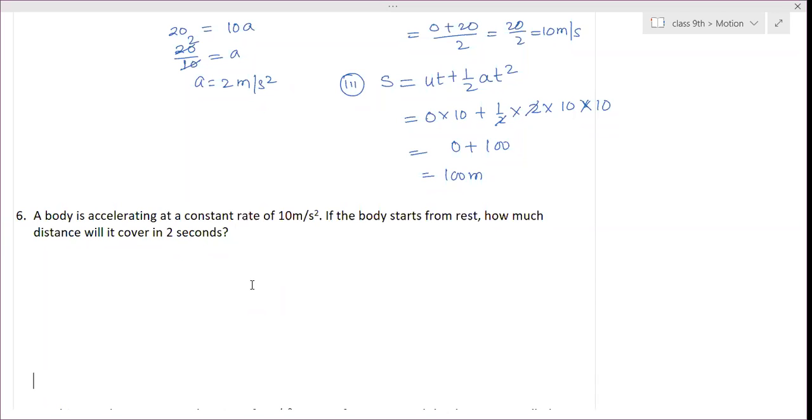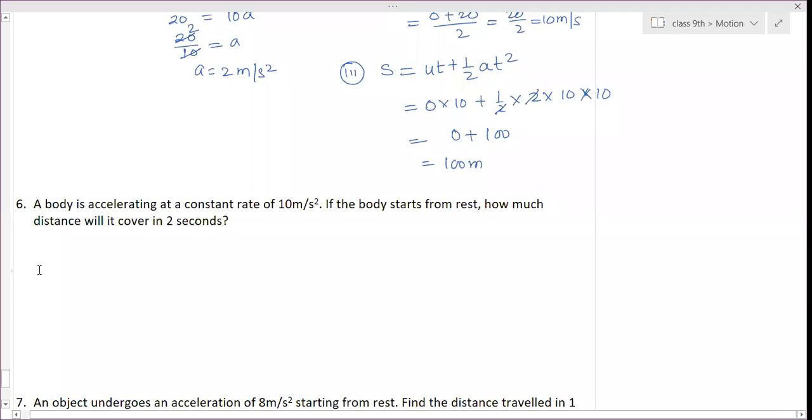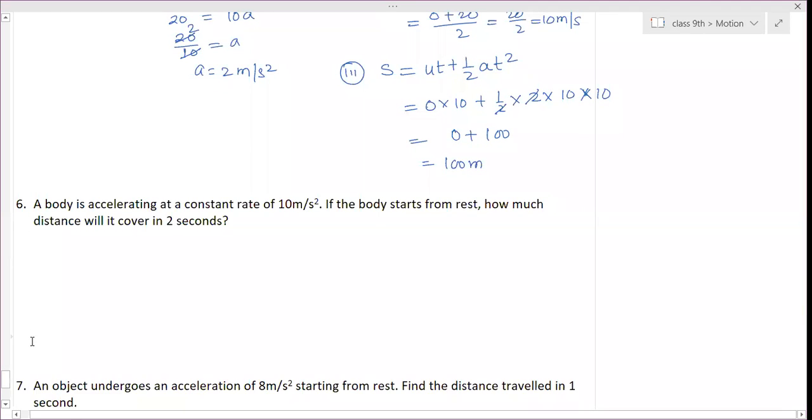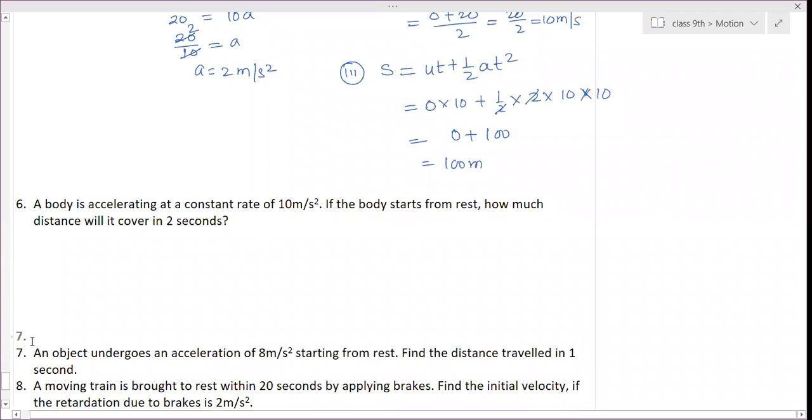Aditya, what's the answer? Ma'am, is the answer 20 meters? Yes.